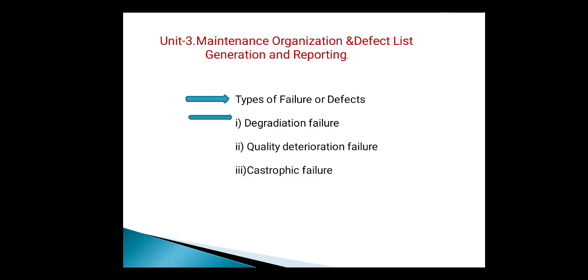Finally, deterioration takes place. It is considered as deterioration failure. The next, catastrophic failures. This occurs when the equipment suddenly breaks down. What happens if the limit of the load carrying capacity is crossed? Obviously, instant breakage may happen. That is considered as catastrophic failure.